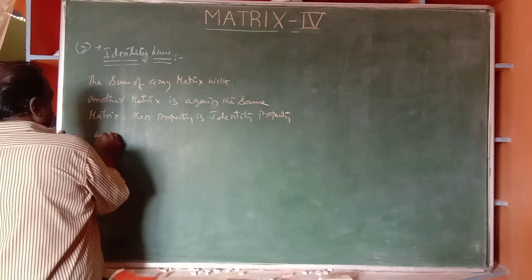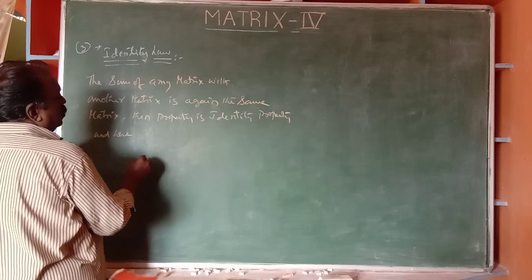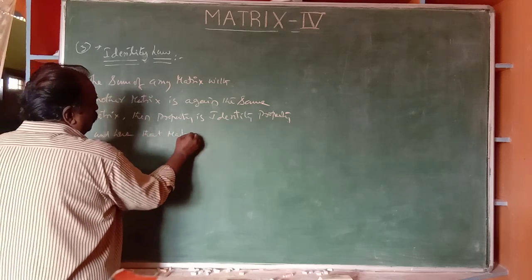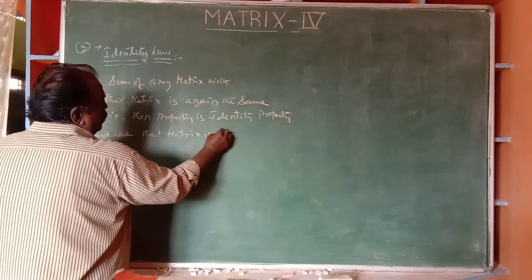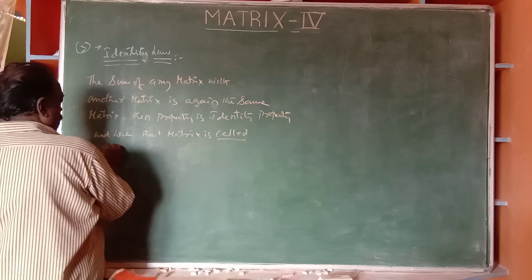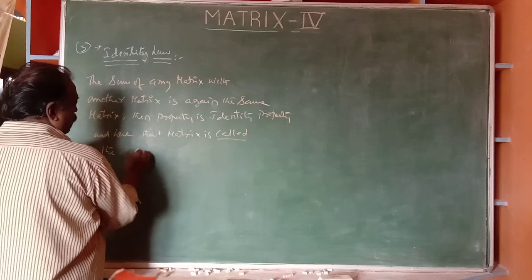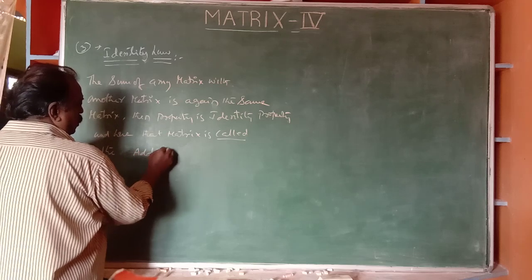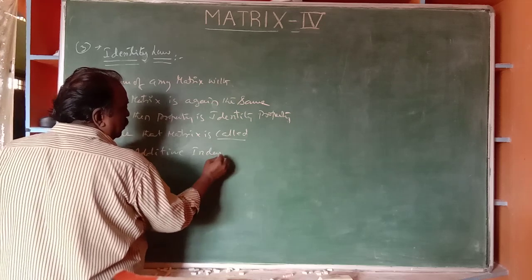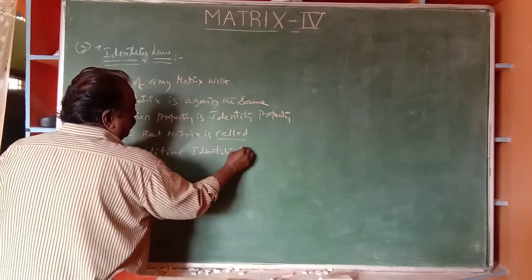And here that matrix is called the additive identity matrix.